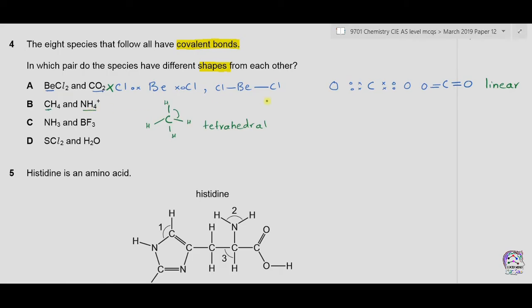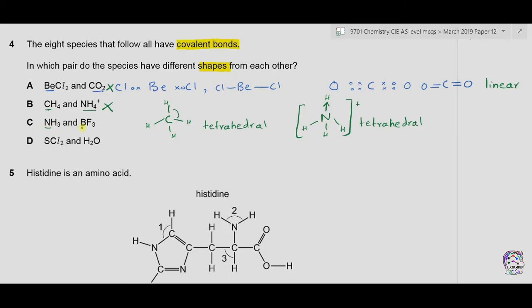In NH4 plus, what happens is that nitrogen makes 3 covalent bonds with hydrogen and 1 coordinate covalent bond with H plus. Again, there are 4 atoms attached with the central nitrogen, so the structure is tetrahedral. Both have the same structure, so therefore this is incorrect.